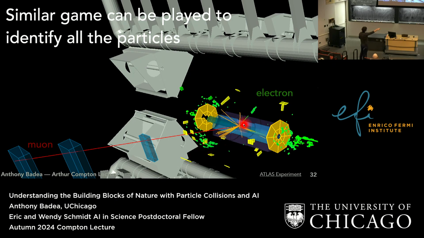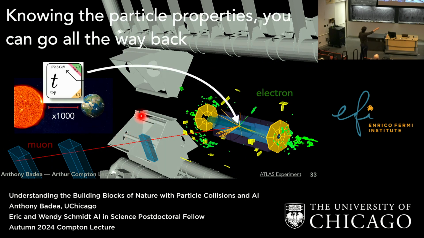You can play a very similar game, identify that this here is an electron, this here is a muon, and then infer all the way down to the femtometer scale where deep, deep inside of here, even inside of the beams that are colliding, you produced a heavy top quark and it decayed.